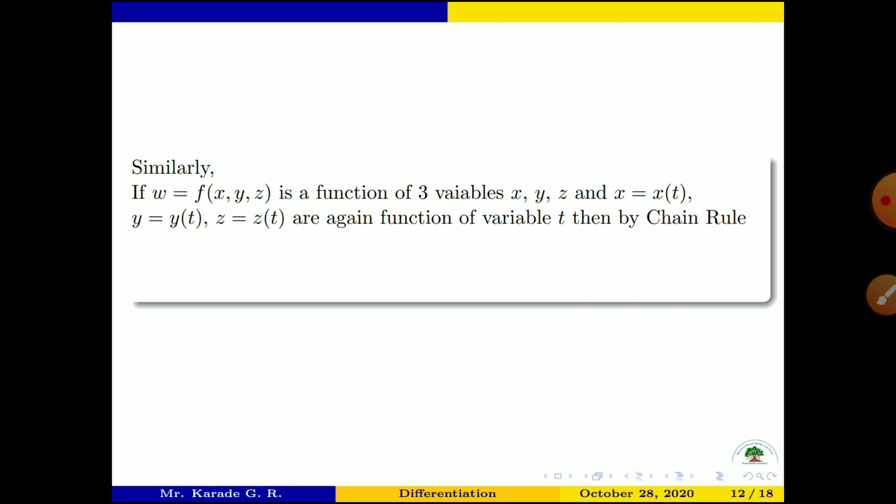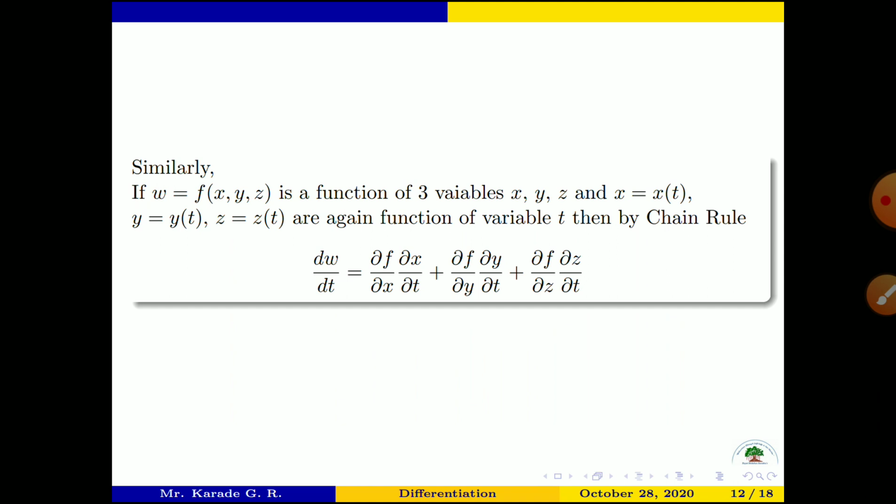If we have the case of three variables, then similarly, if w is a function of three variables x comma y comma z, and x, y and z are again functions of variable t, then by chain rule the derivative of w with respect to t is equal to dou f by dou x into dou x by dou t plus dou f by dou y into dou y by dou t plus dou f by dou z into dou z by dou t.